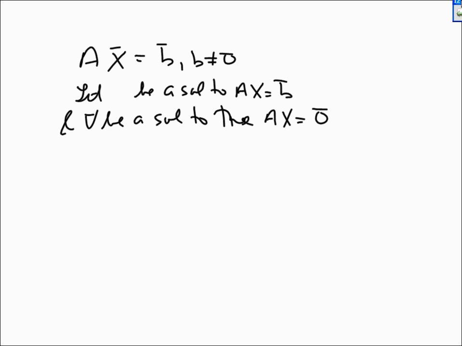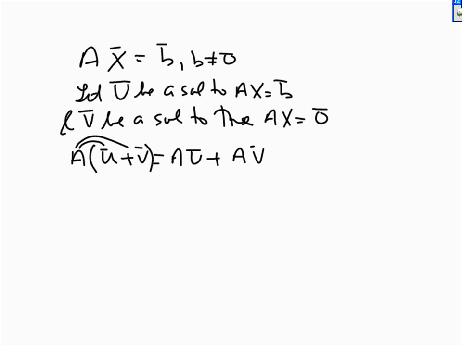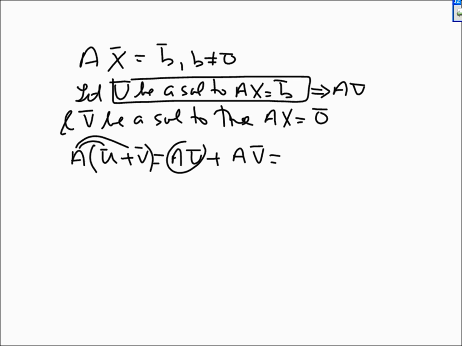Vector U, vector V. Okay. So A times U plus V. This is A times U plus A times V. Well, we know U is a solution to AX equals B. That is, A times U equals B. Okay, so we get B plus AV.